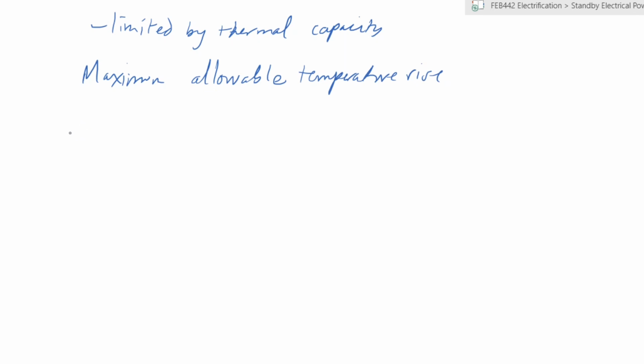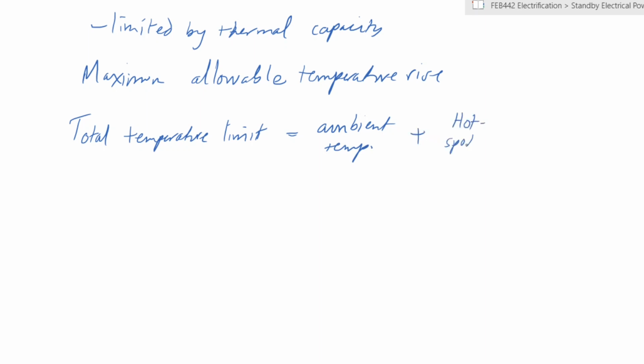And this is defined as the total temperature limit, which is given by ambient temperature plus hot spot margin plus temperature rise limit.